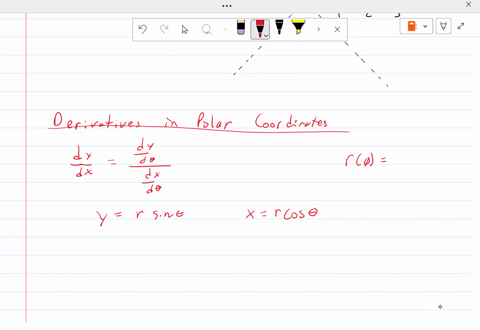So if we take y prime or dy d theta, this is going to be a product rule, which is going to be the derivative of r, which is dr d theta, times sine theta, plus r times the derivative of sine, which is just cosine theta. So that's the derivative of y with respect to theta. Now x, let me move this over a little bit to the right.